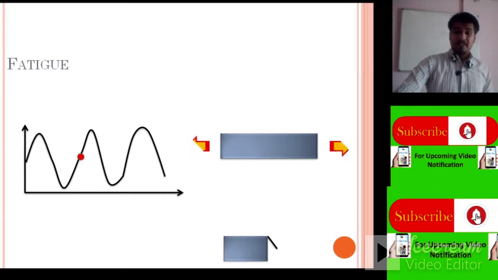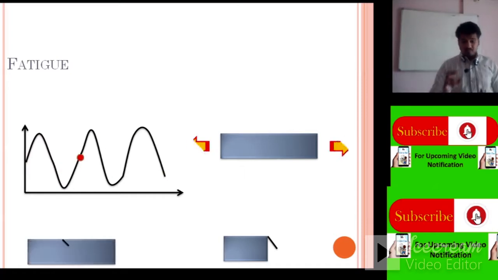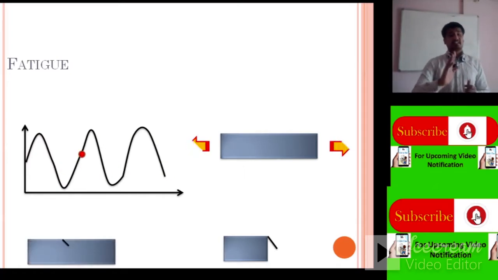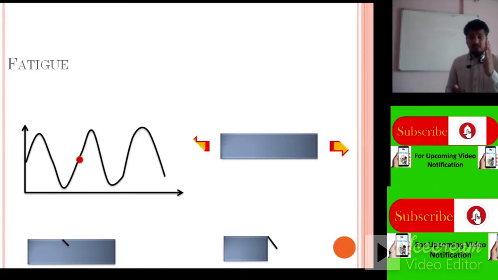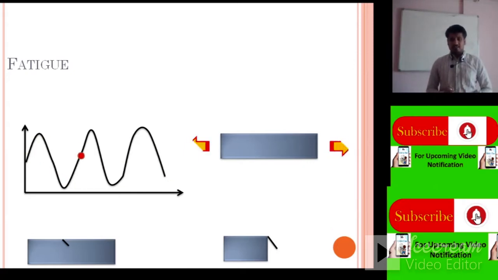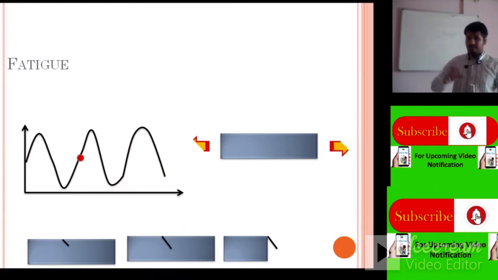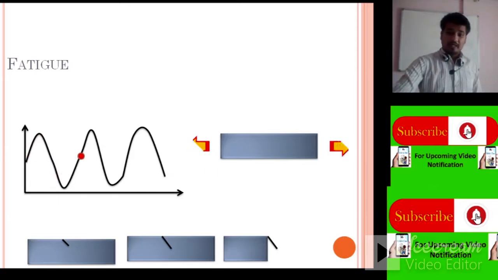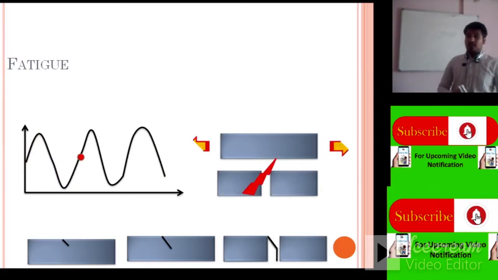By applying this fluctuating load, crack formation starts inside the material. Here you can see that a small crack is forming inside the material where the weak portion is, and the crack is propagating towards the other end of the material, and after propagating, the material breaks into two segments.